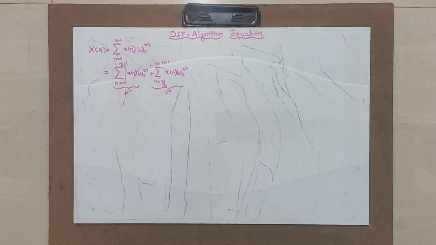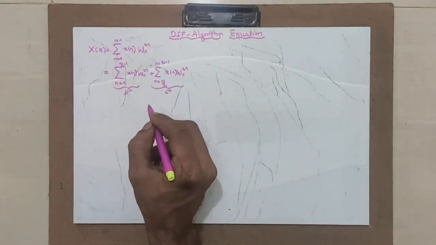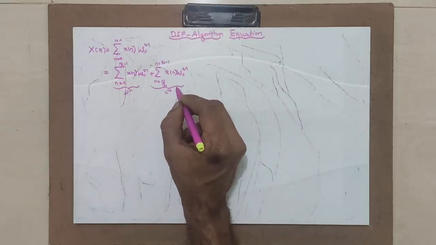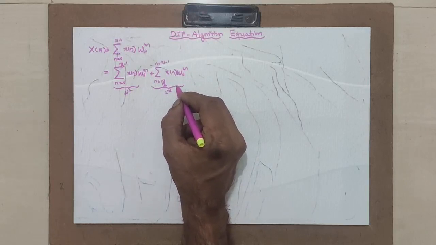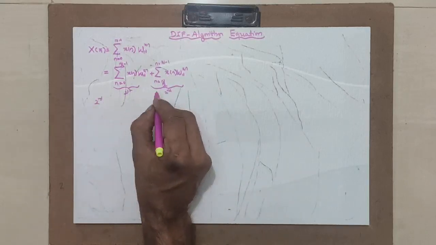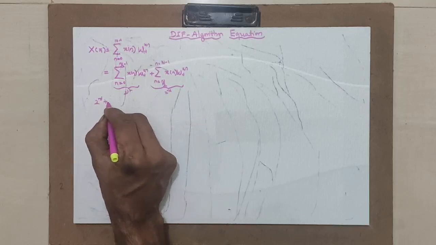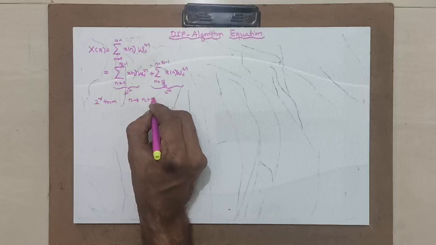Now in the second part, let us put, instead of n, n plus N by 2. For the second term, substitute n plus N by 2.